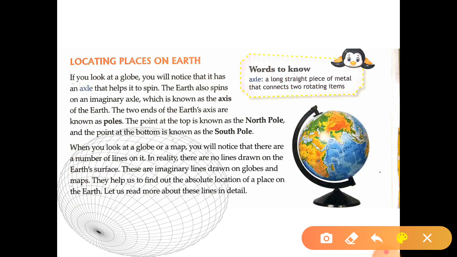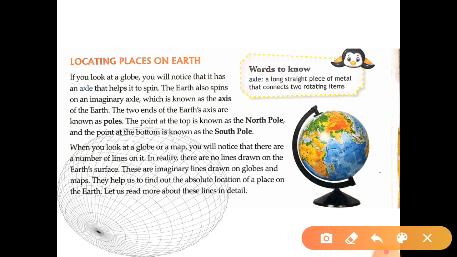So the earth is also rotating on its imaginary axis. This line, the axle of the earth, is known as the axis, and it is rotating on this imaginary line.